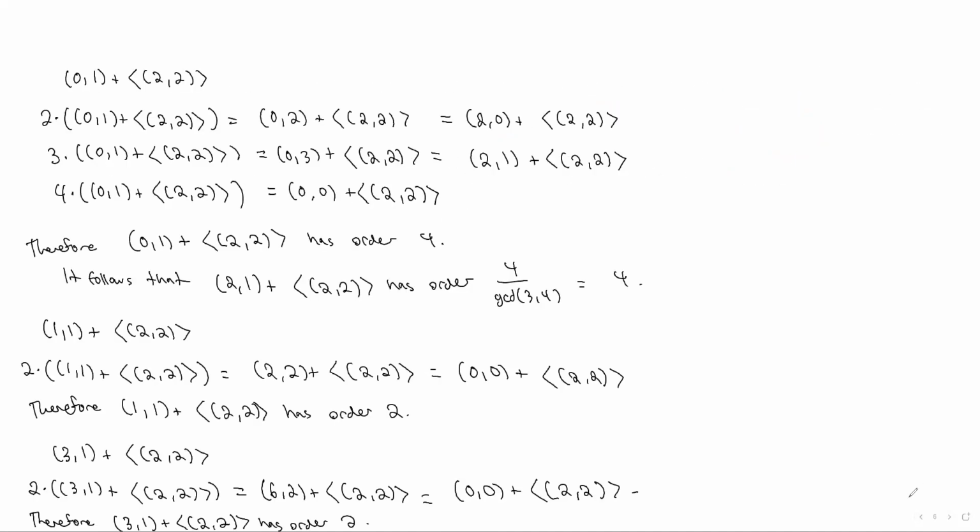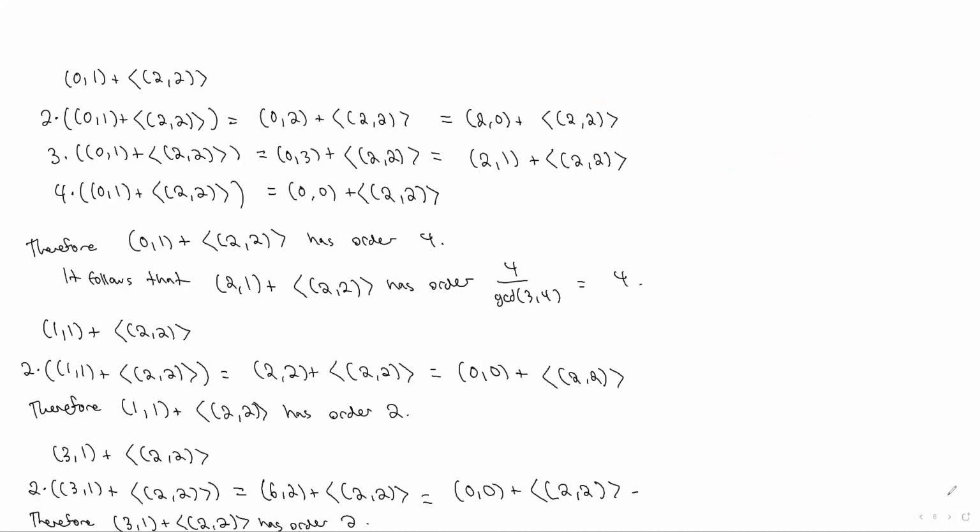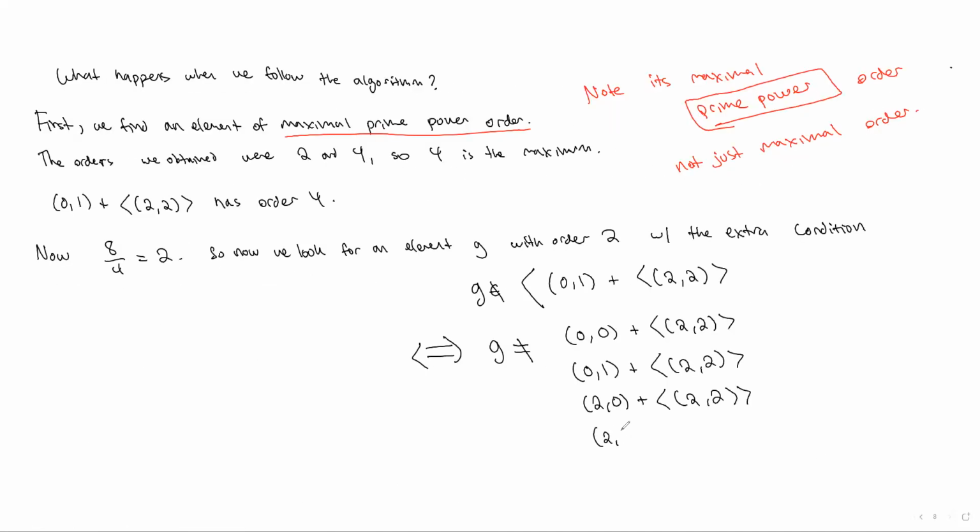What are the other powers of (0,1)? So there was (2,0) + ⟨(2,2)⟩, and then there's (2,1) + ⟨(2,2)⟩. And this is equal to, well, just to show how I got these, this is 2 times (0,1) + ⟨(2,2)⟩.